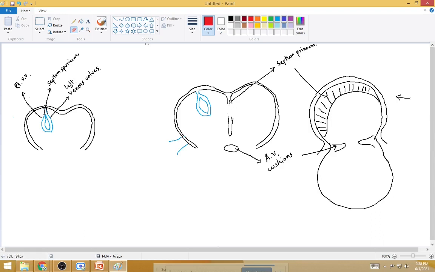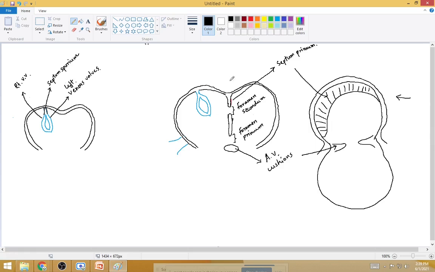Okay, cell death, where? In the septum primum. So these areas of cell death form another foramen. Now the first one was primum, so this will be foramen secundum or ostium secundum. So we have got ostium primum and ostium secundum.